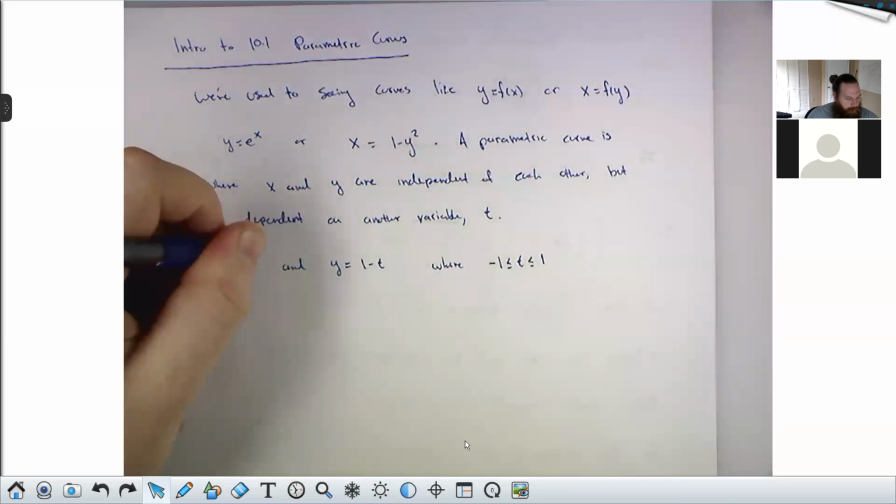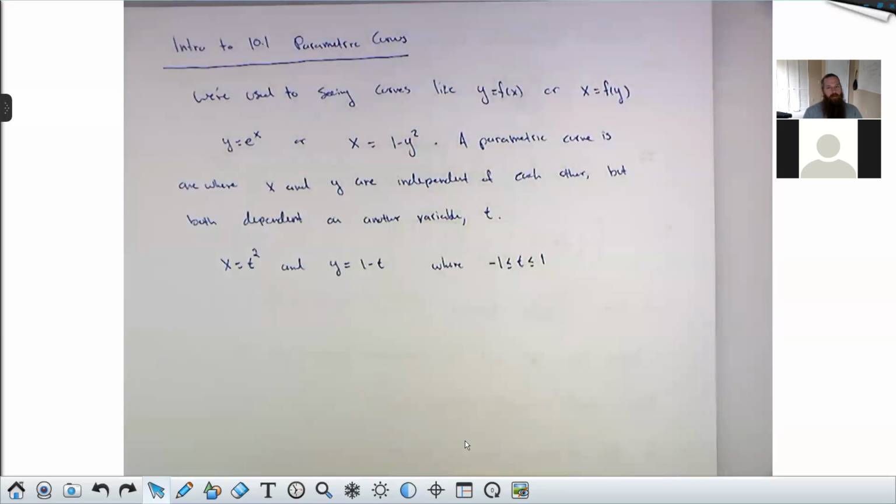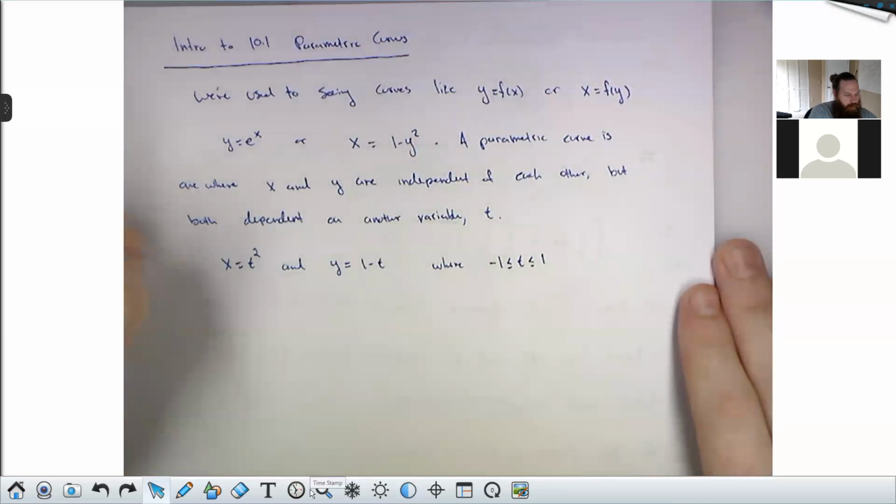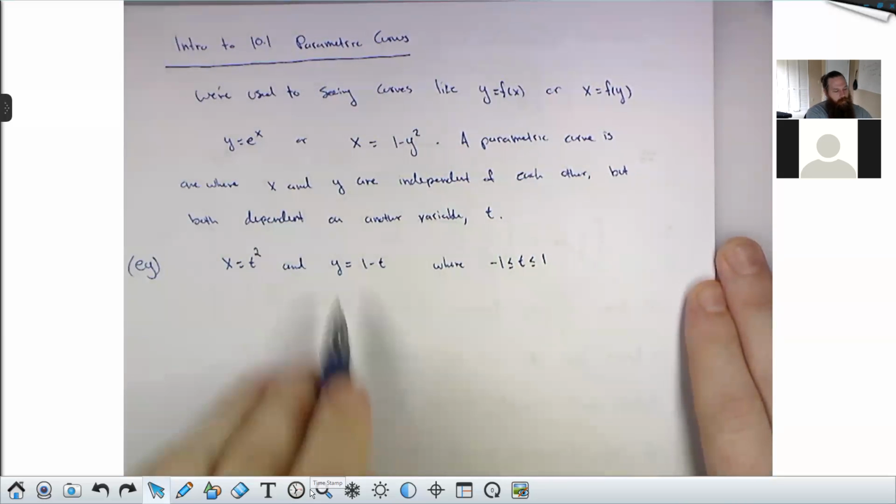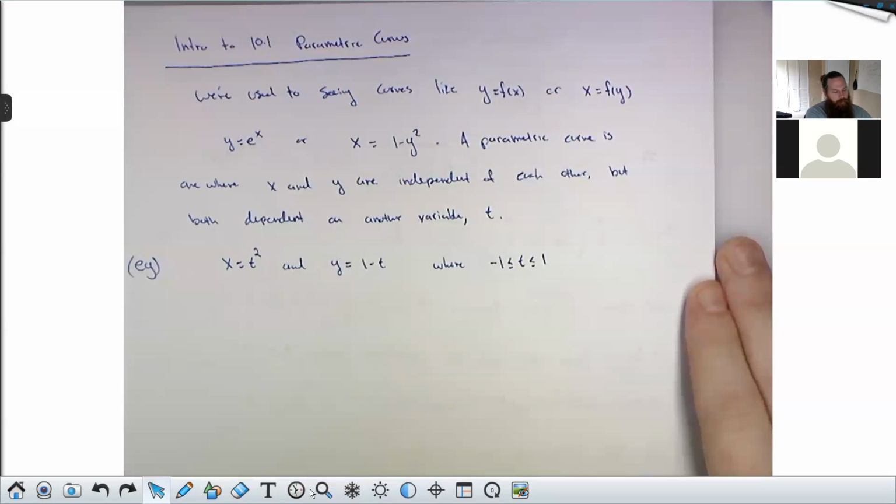Just for fun, let me make this t squared. Why not? So this would be a set of parametric equations. x equals t squared, y equals 1 minus t, where t runs from -1 to 1.